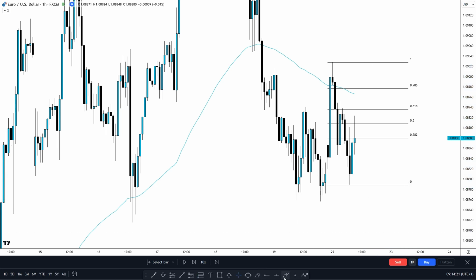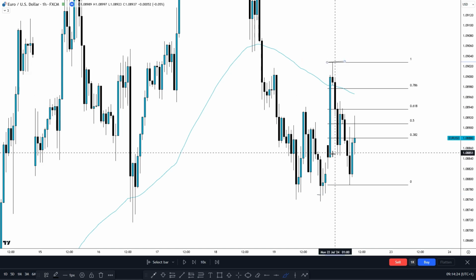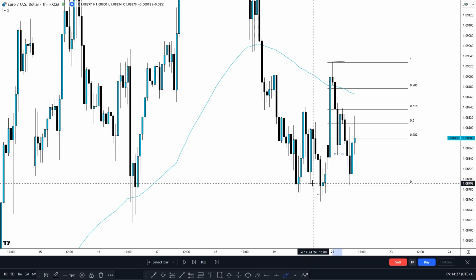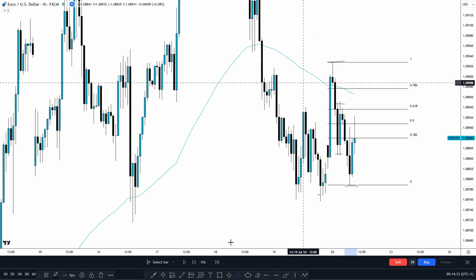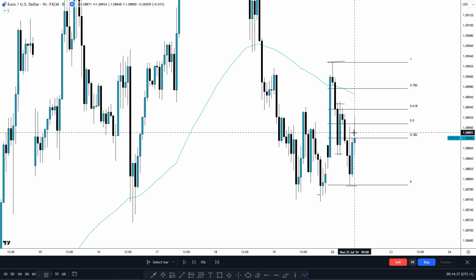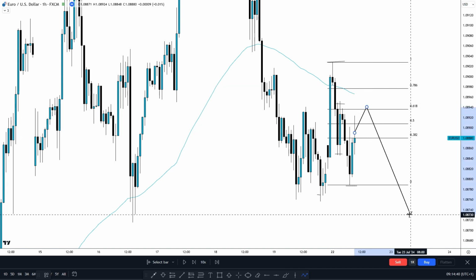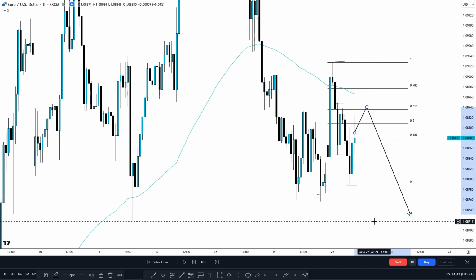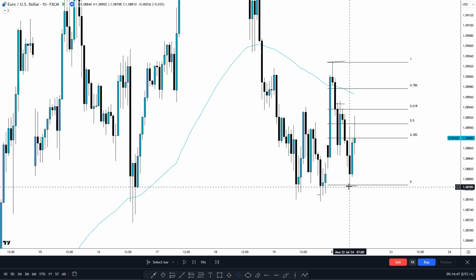Because there was a low, created a high, created a higher low from this one, but then created a lower high and then a lower low, technically speaking, this market structure is down. If the market structure is down, then I can expect to see price pull back to some place within this region before potentially making a new low within the market. And that's the mindset that I had when going into this trade.